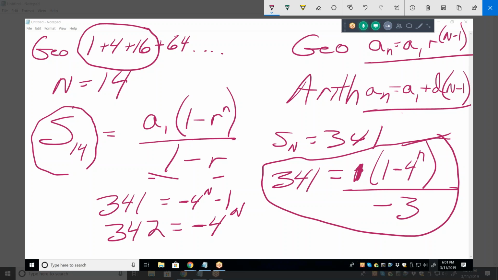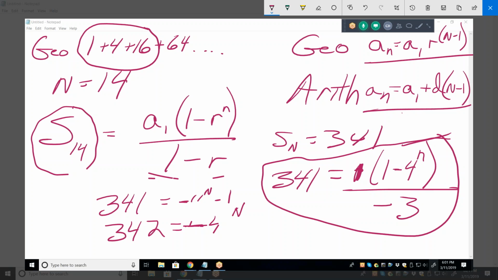Well, let's see. I think I need parentheses around this. Yeah, I have to have parentheses around it because otherwise I'm going to come up with a negative number here.